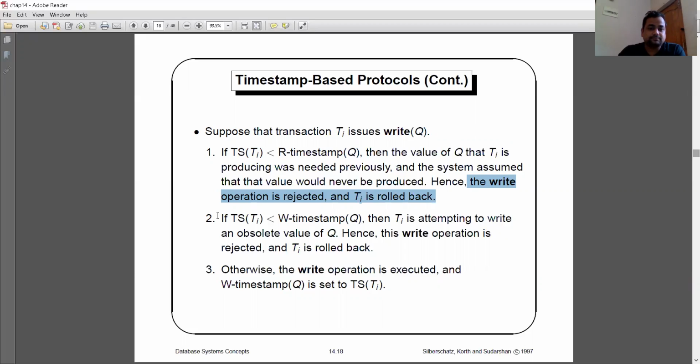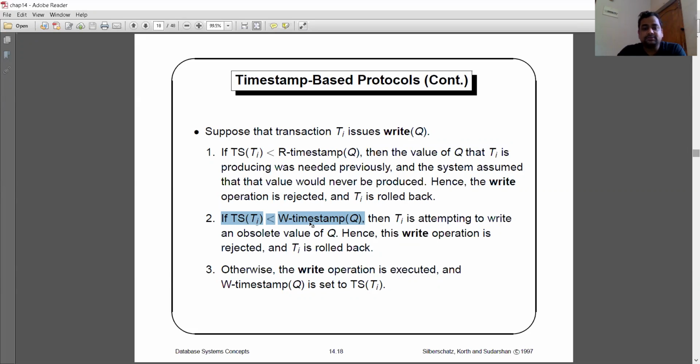Second condition. For transaction Ti, in the second case, we check this condition. If the timestamp of Ti is less than the write timestamp of Q, that means Ti has a lesser timestamp than the write timestamp of Q. Which one is executed first?